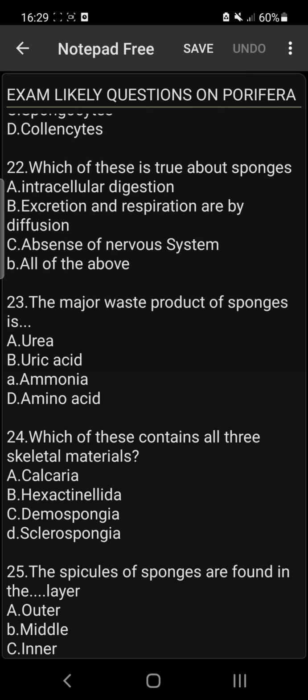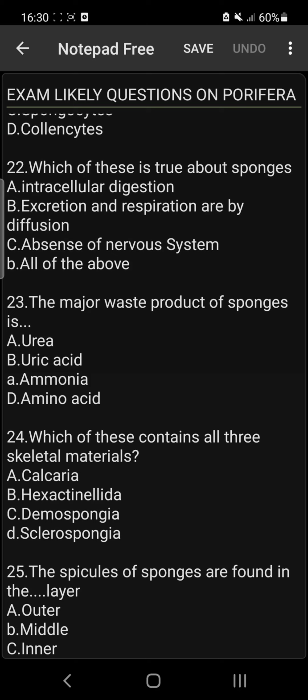C, absence of nervous system. Sure, they do not have nervous system. And also take note of the fact that sponges do not have sense organs. They do not have tissues. So the answer is what? All of the above.